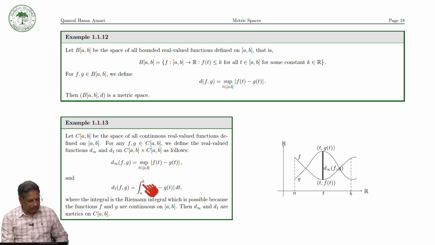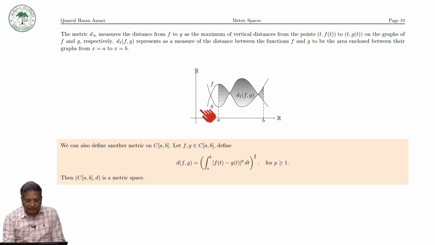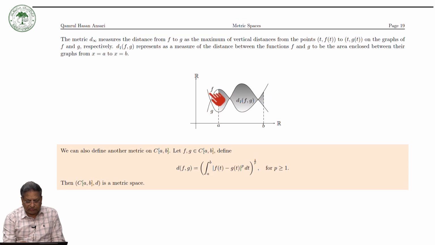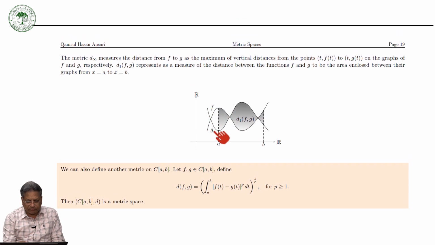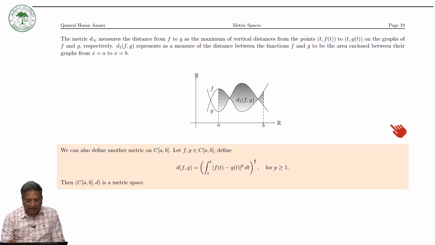Now what is the meaning of this integral from a to b? The meaning is the area covered by, if this is your g function and this is your f function, then the area bounded by a and b, this area.